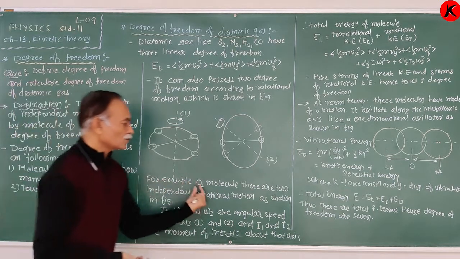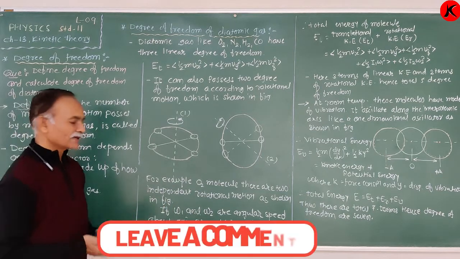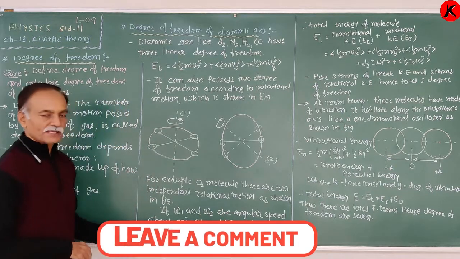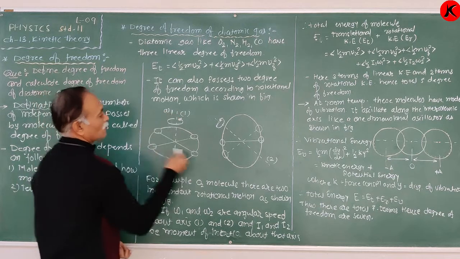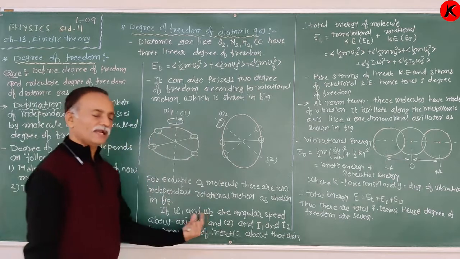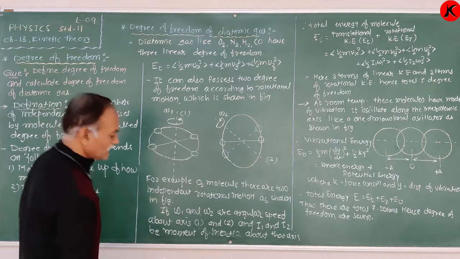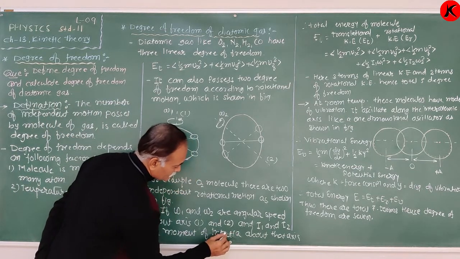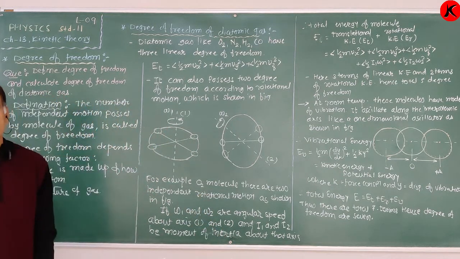For example, for the O2 molecule, there are 2 independent rotational motions, as shown in the figure. Suppose omega 1 and omega 2 are the angular speeds about axis 1 and axis 2, and I1 and I2 are the moments of inertia about those axes.